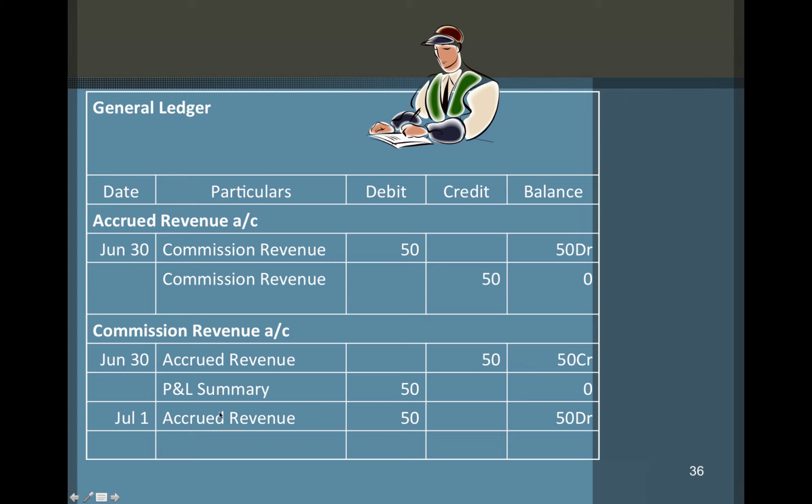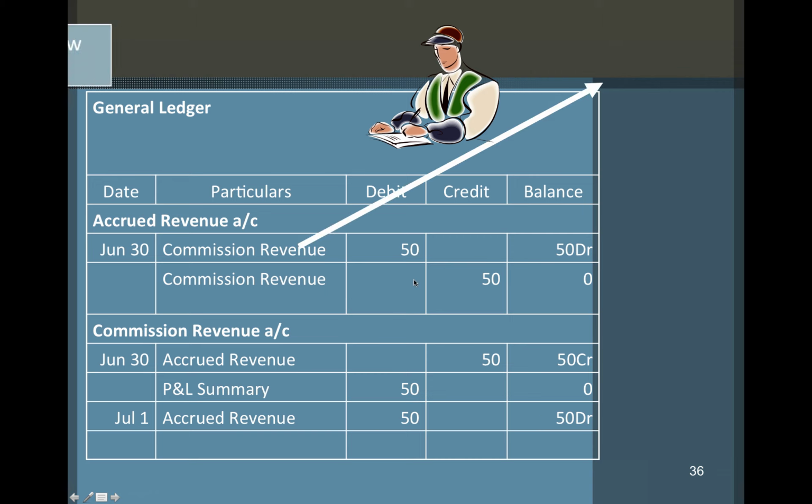When we eventually receive the commission from the supplier, it will be recorded in this account as a bank entry. The other account will be bank here, and it will be credited by 50. The balance then will be zero. And the reason why we want that to happen is that 50 was earned in the last accounting period, not in this current one.